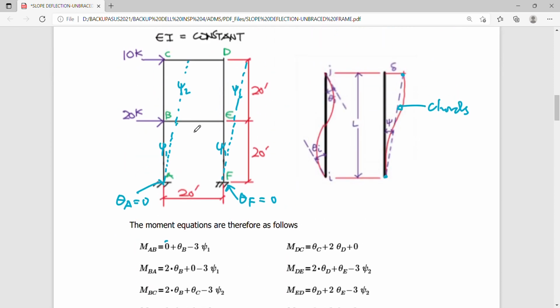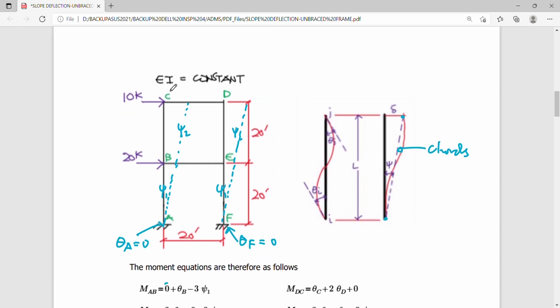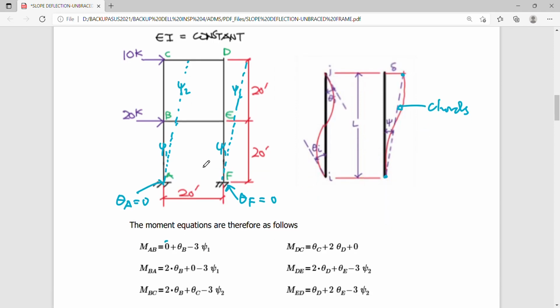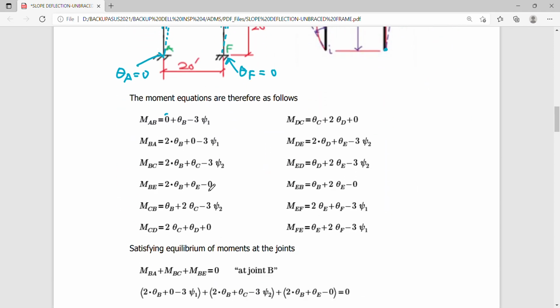Since this is a laterally loaded frame, there are slight chord end rotations, but this chord will not considerably be displaced vertically because there's no load applied on top of it. Of course, the self weight may induce some, but we neglect the effect of the self weight. So this is 0.